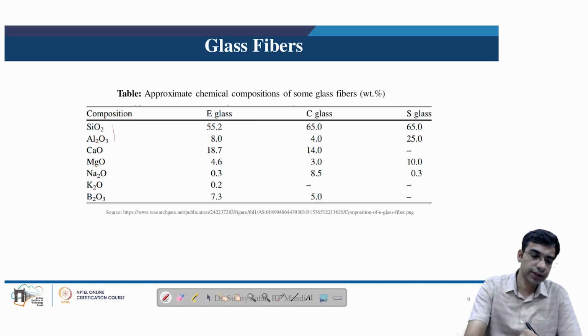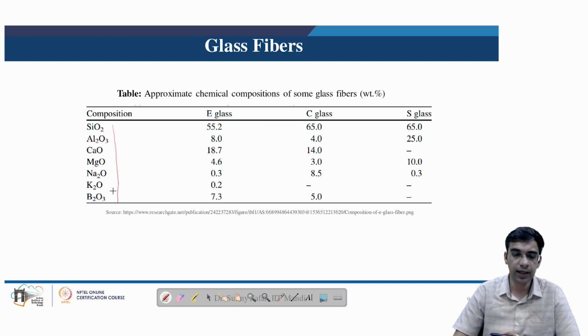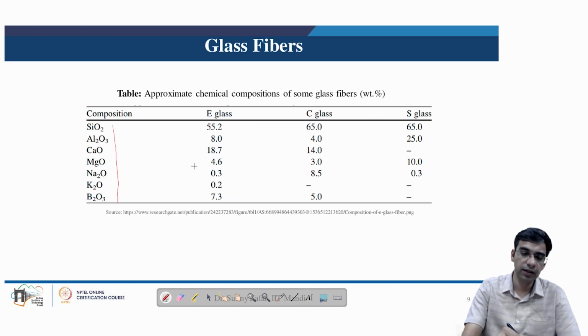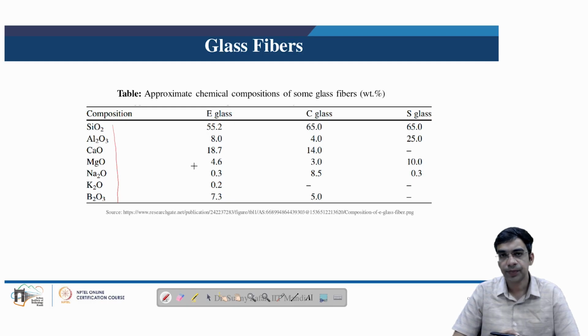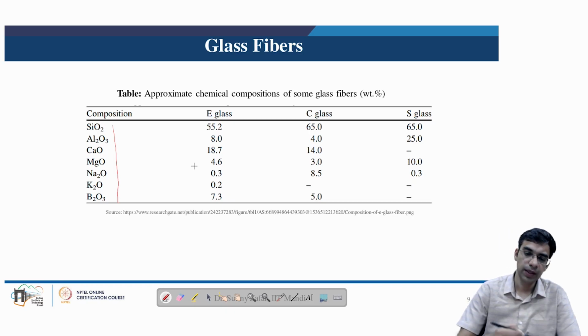When these constituent materials in the glass are varied in specific weight percentages, we end up with different types of glass fibers like E glass, C glass, and S glass. The S glass fibers are generally known for good strength. C glass fibers are known for good corrosion and chemical resistance, and E glass fibers have a balance between good strength as well as electrical and thermal insulation.